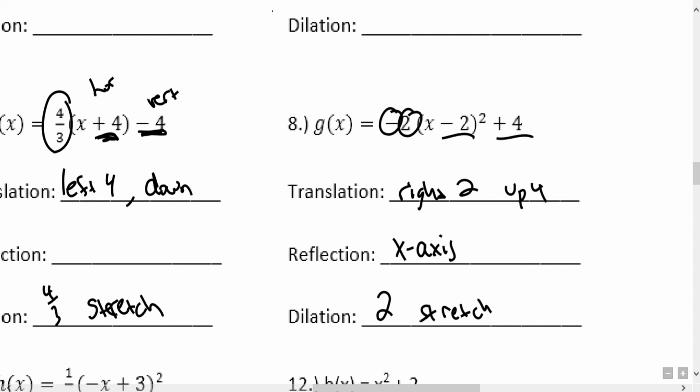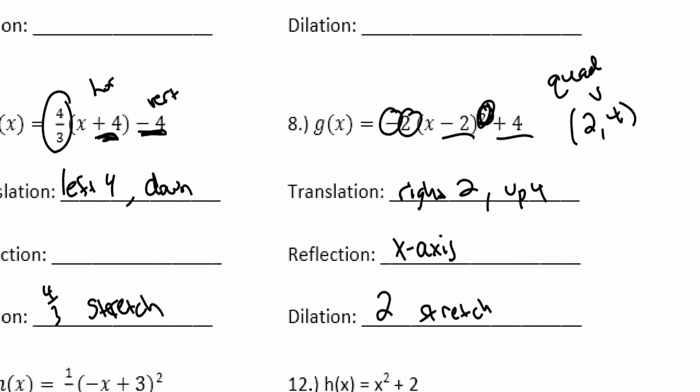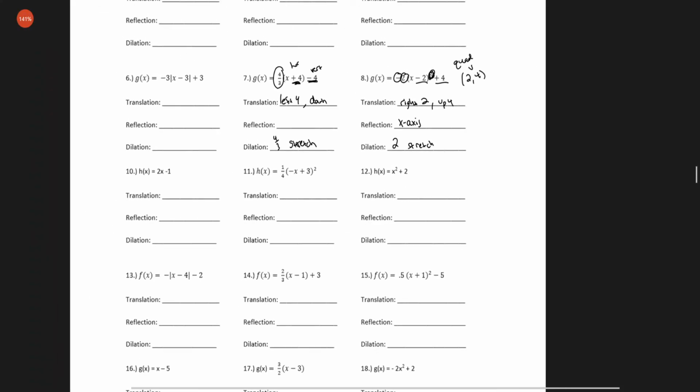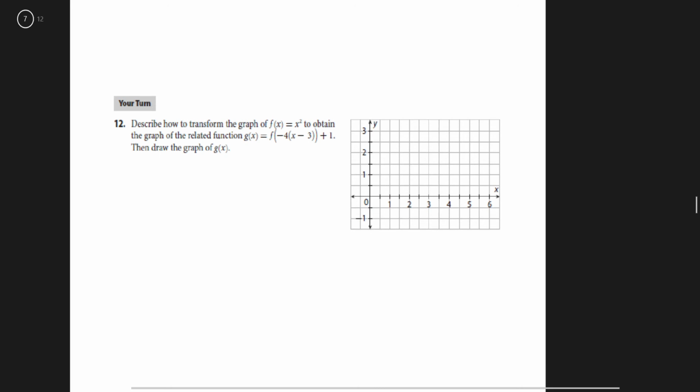Now, if you notice, since we have the squared here, that means it's a quadratic. So what we can tell from this, moving right 2 and up 4, means our vertex is going to be at 2, 4. So keep that in mind as well. You do need to know how to find the vertex of a quadratic function. If not now, then you definitely will on the unit test.